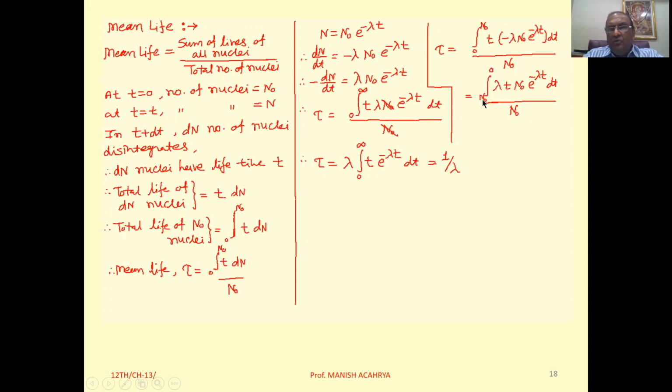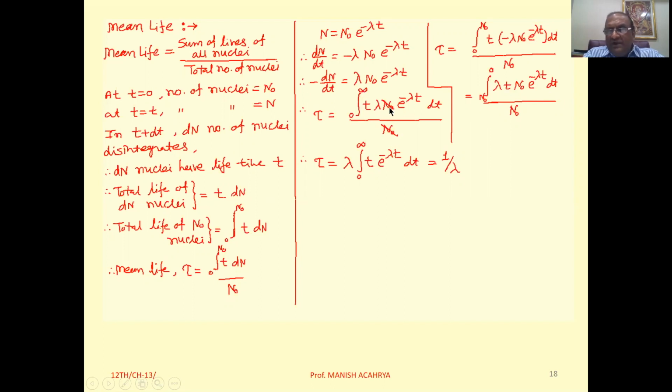So n0, that is the number of nuclei at time t equal to 0. So now see in this integration, here the lower limit is taken as 0. And the number of undecayed nuclei will be 0 after how much time? We don't know. After infinite time. So upper limit is infinite. So here when the integration is of t with respect to dt, the limits are also changed for time t.